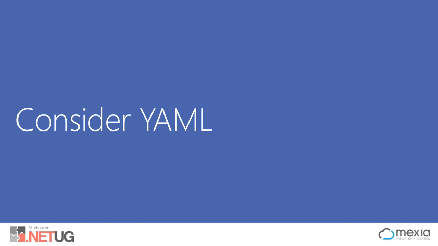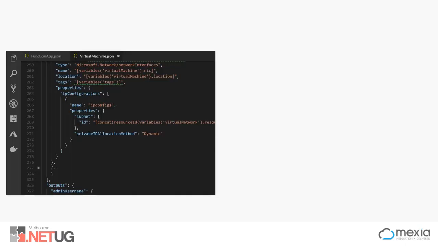On the other hand, if we consider YAML, it will be very different. YAML is a superset of JSON, so we can easily convert from YAML to JSON or JSON to YAML. The ARM template doesn't support YAML officially yet, so it's just a different approach.